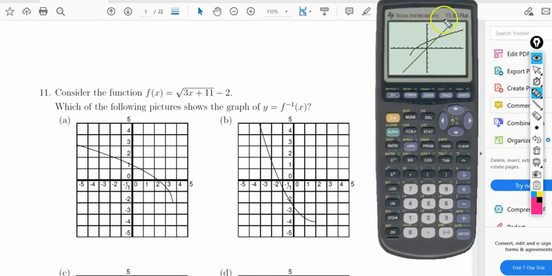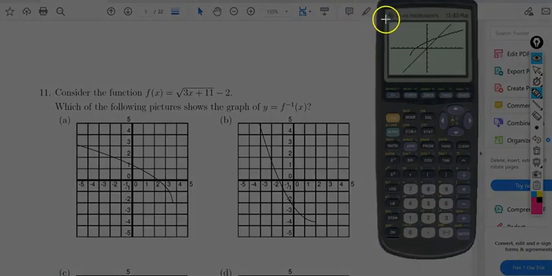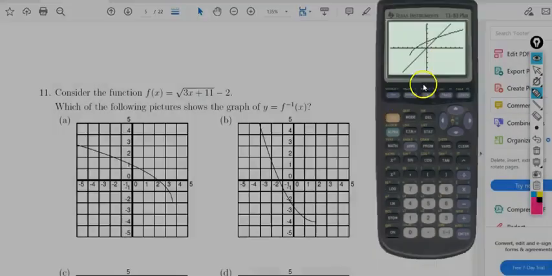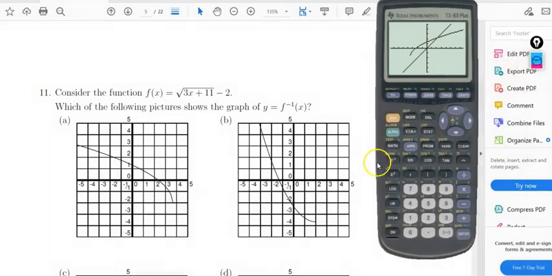And you can try and do it by eyeballing it, or I'll go this way. Like I said, if you're holding a graphing calculator, you can turn it on its side.